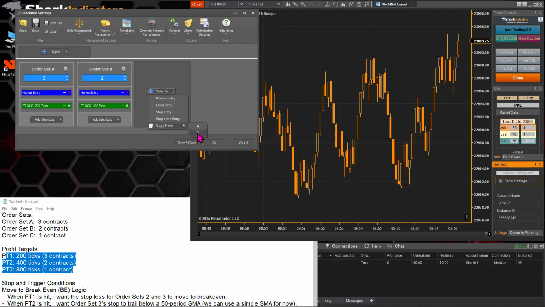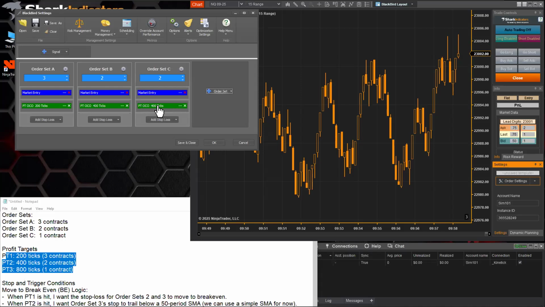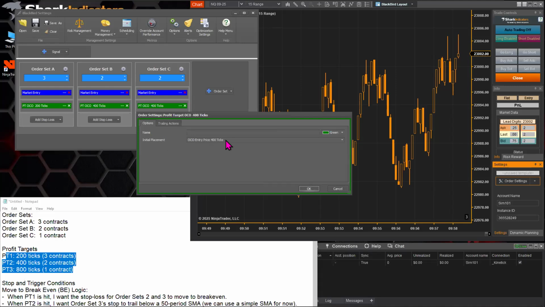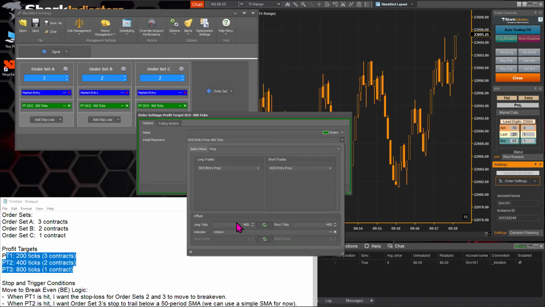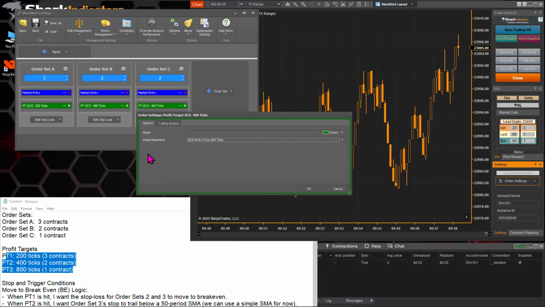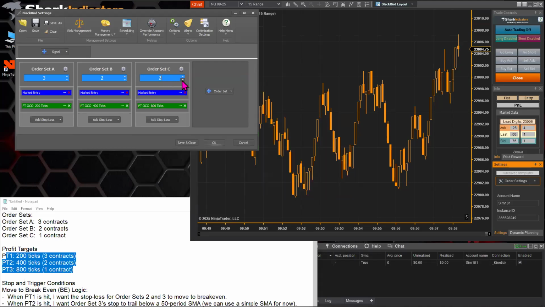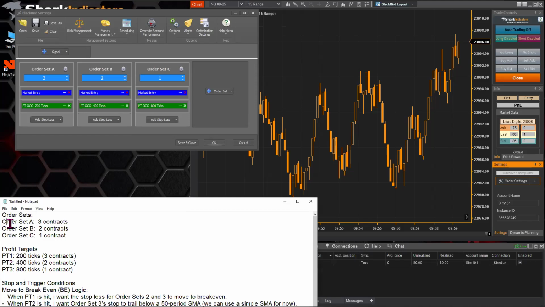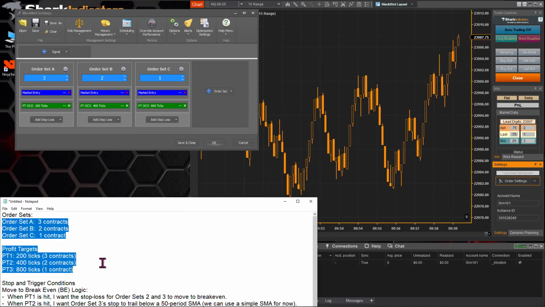Let's copy B now, open up our profit target, go into the initial placement, and adjust our offset to 800. And there we have it. Also knock down the number of contracts. So now we've got 3, 2, and 1 for the contracts. There's our first 2 sections done.